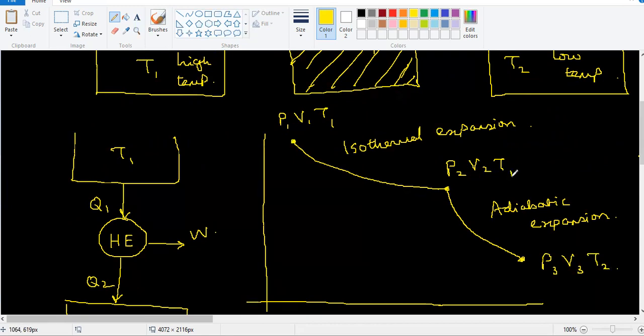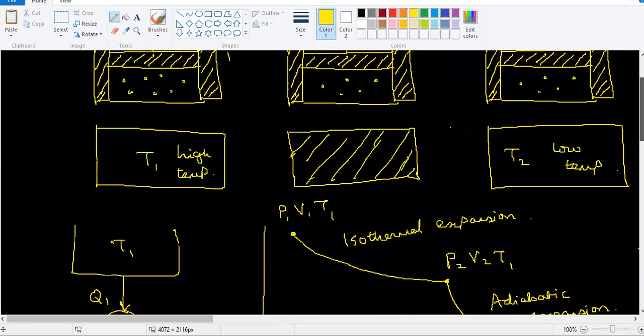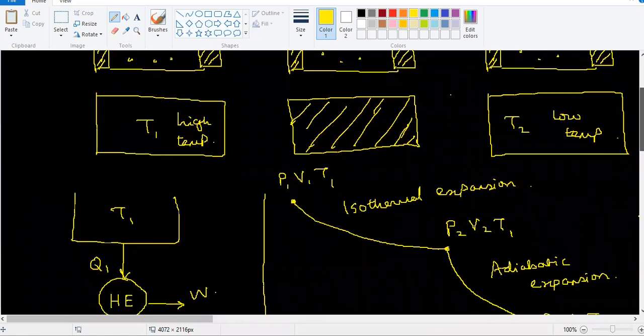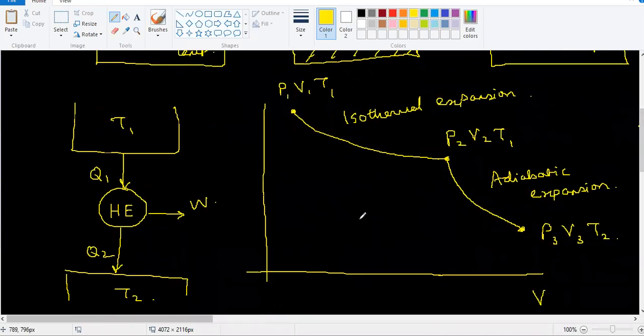Because here I said the temperature is remaining the same, but if it is expanding further, when the piston is expanding further like this, the pressure will drop. As the pressure drops, the temperature will also drop. But the volume is increasing. You see the volume is further increasing here. This is your volume and this is your pressure. So this is adiabatic expansion.